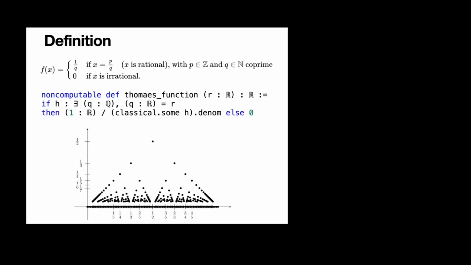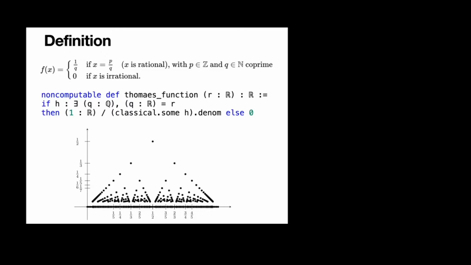So let's go right to the definition of Thomae's function. It is defined on the reals, and it has two main values it returns. If the input is irrational, it returns 0. Otherwise, if the input is a rational number, it returns 1 over the denominator of the input, in reduced rational form.